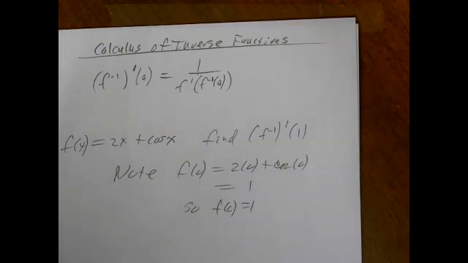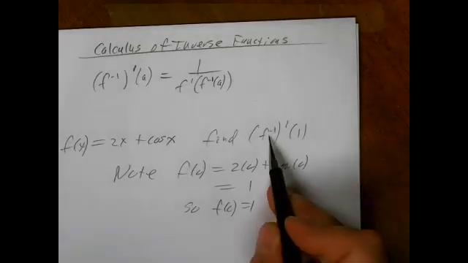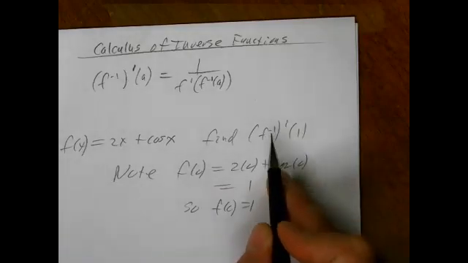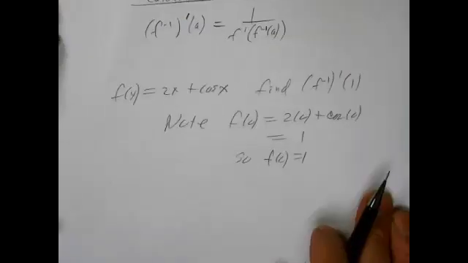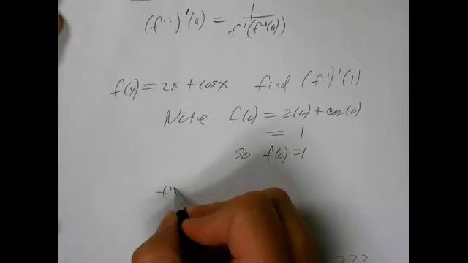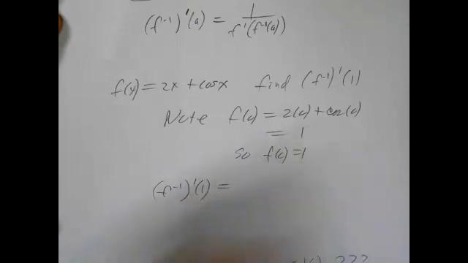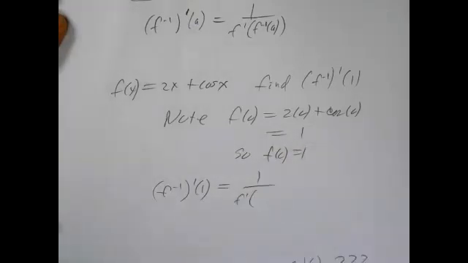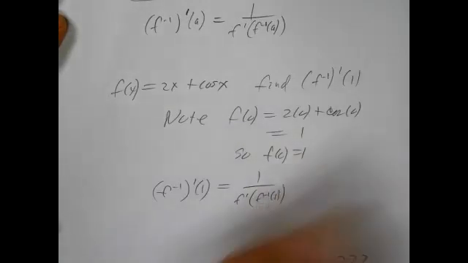So without having to solve for the inverse itself, this theorem says you can evaluate the inverse function's derivative at 1 by putting it into the formula, 1 over the function's derivative evaluated at the inverse of 1.